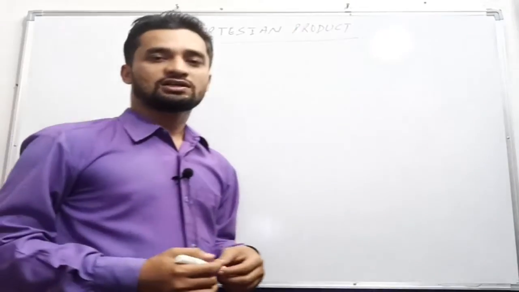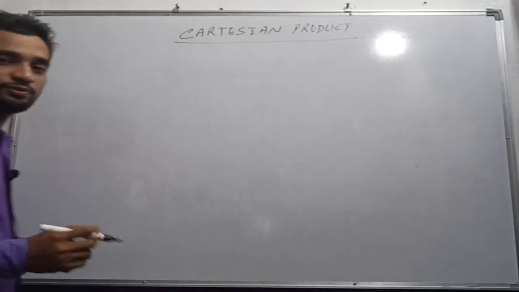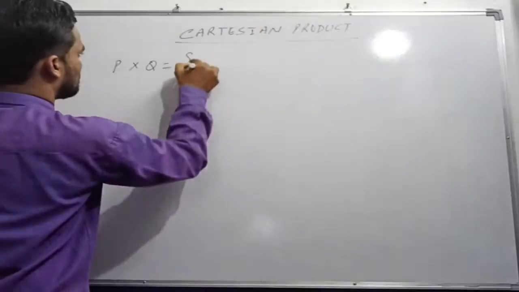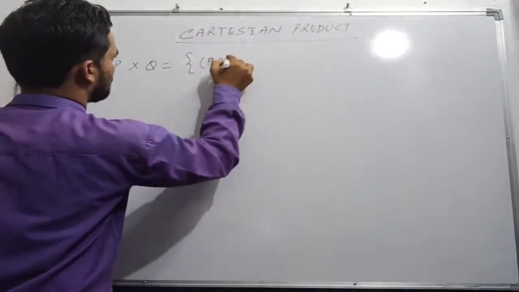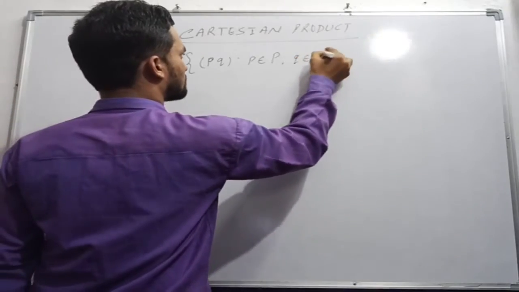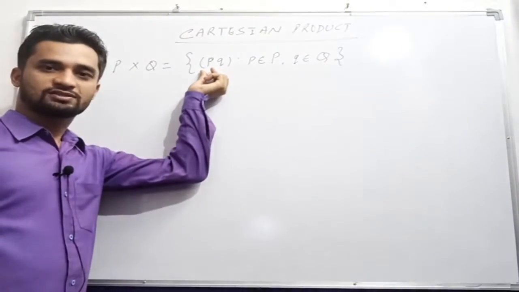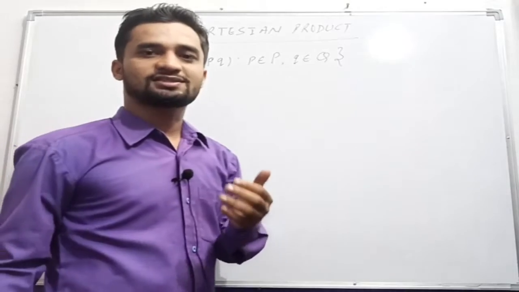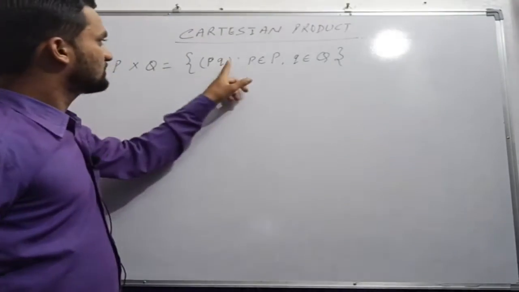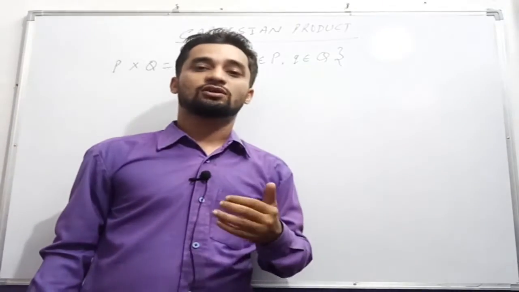First of all, the Cartesian product of two sets, suppose P and Q. P cross Q is the set of pairs (p, q) such that small p belongs to capital P and small q belongs to capital Q. That is, the Cartesian product is a set of ordered pairs in which the first element must belong to the first set and the second element must belong to the second set. That will be known as a set of ordered pairs.